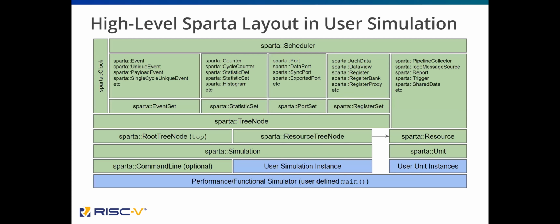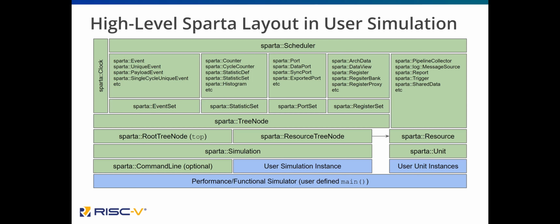This picture shows what's there in one slide. There is a scheduler on top, there are some events of different types, statistics counters, ports, and tree nodes, which is where the components sit. There is a simulation class which is instantiated for a particular simulation by the user, and some command line utilities.